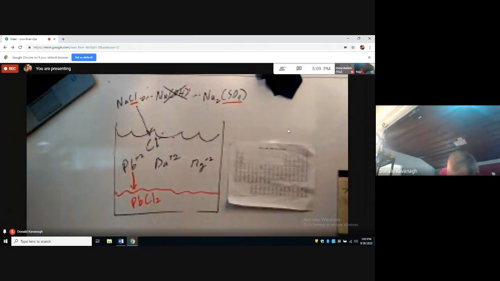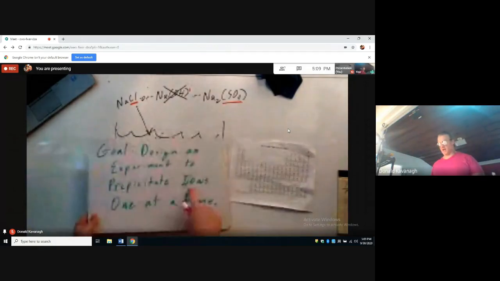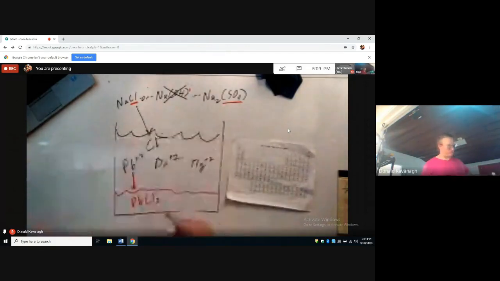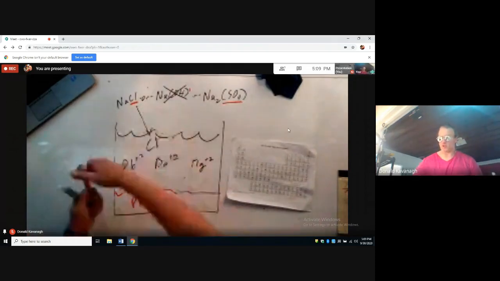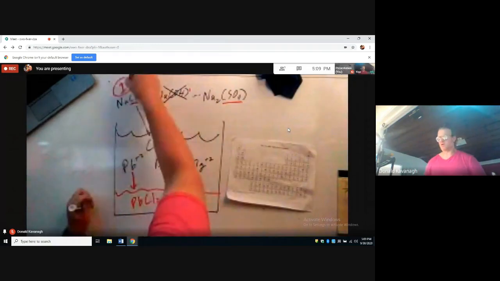This fits our goal of having only one ion at a time precipitate out in solution. So this would be our first salt to add.